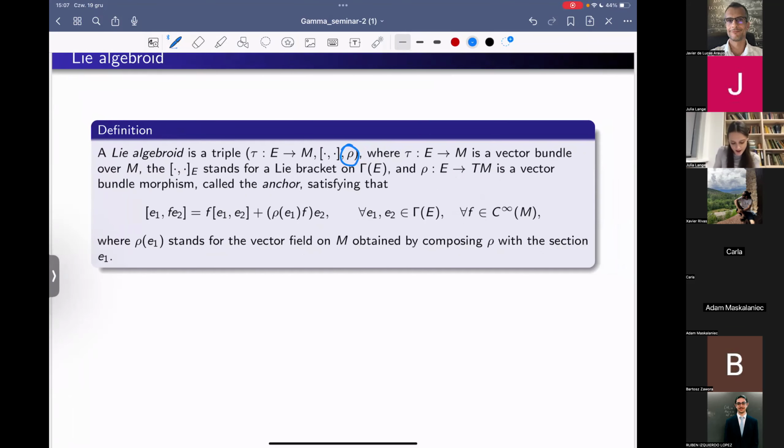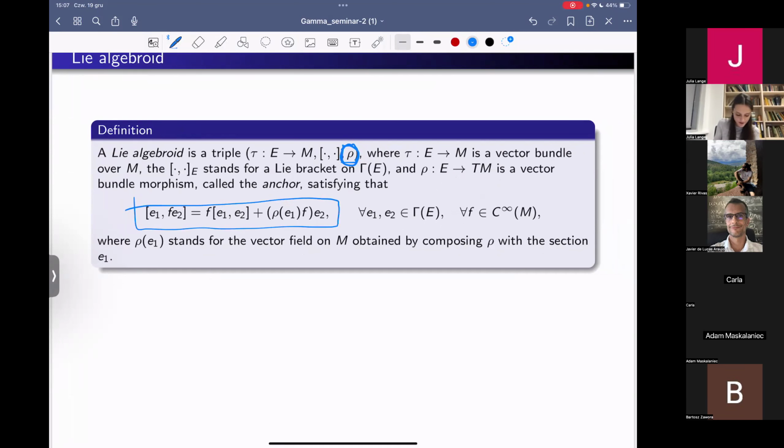Basically, a Lie algebroid is a triple consisting of a vector bundle, a Lie bracket, and the anchor map rho, which satisfies the following condition you can see here.